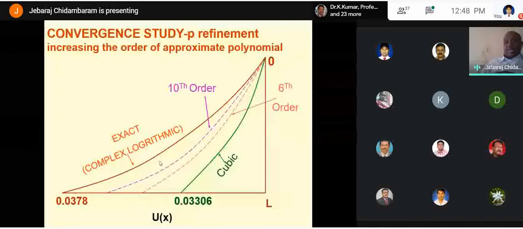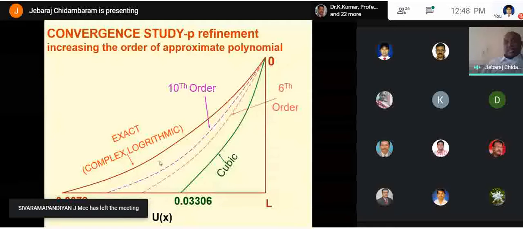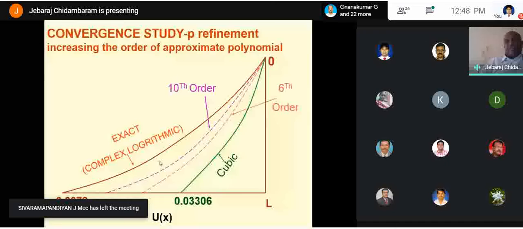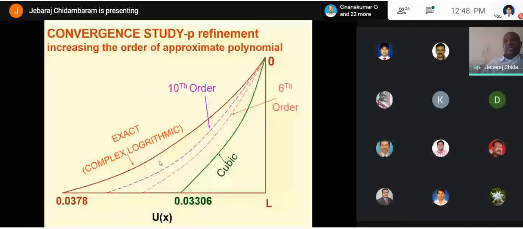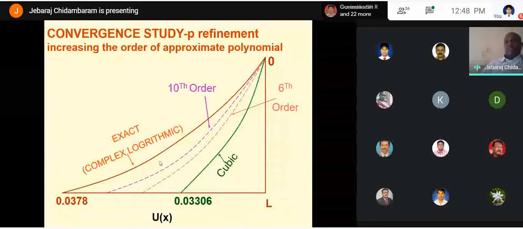In the 10th order, if we have 50th order, instead of 50th order, if we have 100th order, can you see the improvement happening or the convergence happening? You are improving by refining the polynomial. All right? If it is clear, I can jump to the next one without any hesitation.